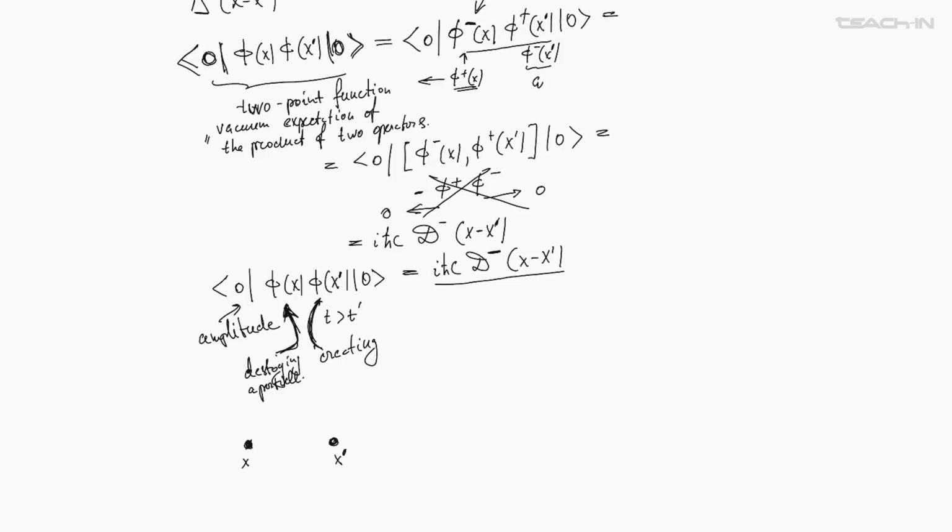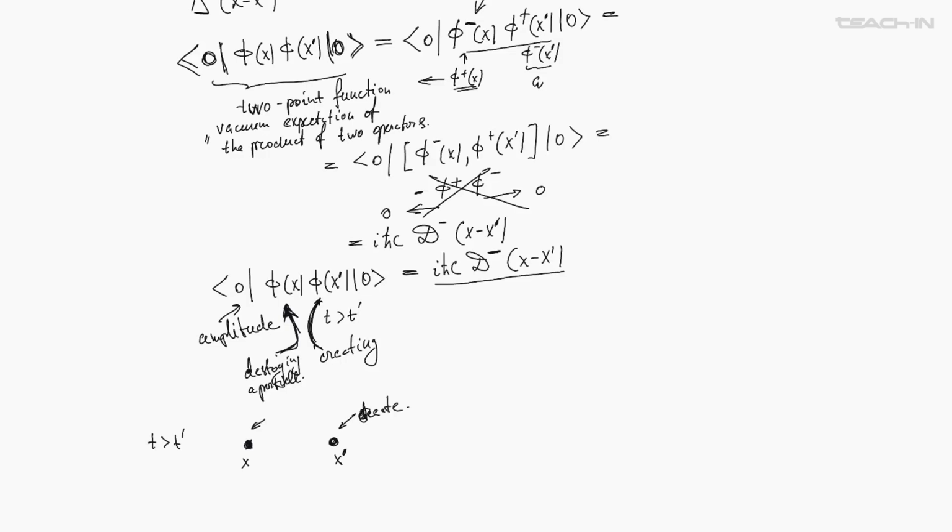Then we say that here we destroy at x prime. Let's see how I write it. At x prime, we say create. We say we create, and then we destroy.